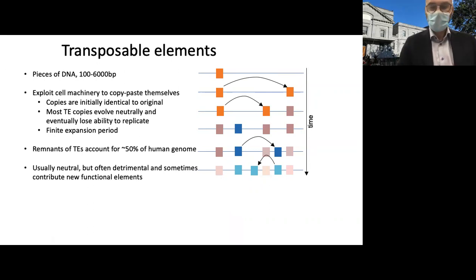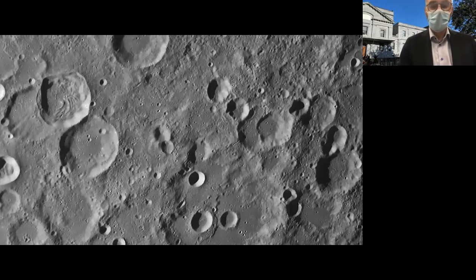Another analogy here, this is a picture of the surface of the moon. The surface of the moon is constantly bombarded by meteorites, or I don't know if they're called meteorites on the moon, but let's call them meteorites, that create these craters. Some of these craters are really easy to recognize because they're very recent, like the one in the middle here.